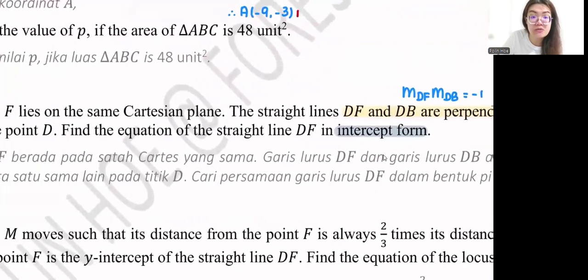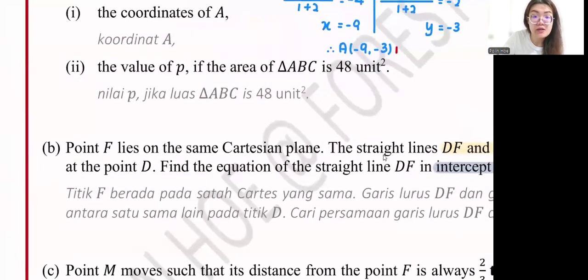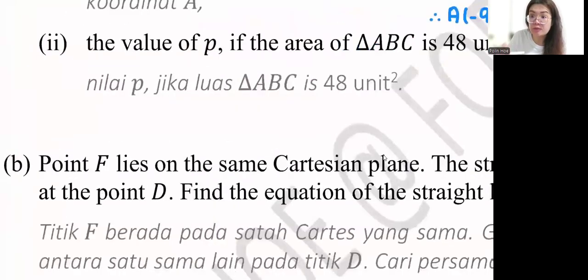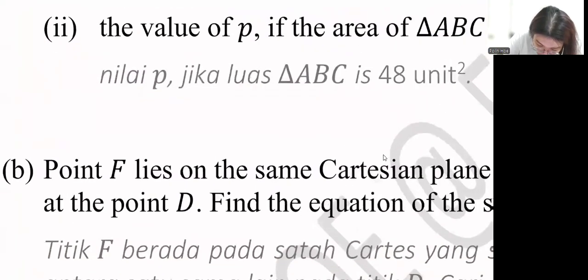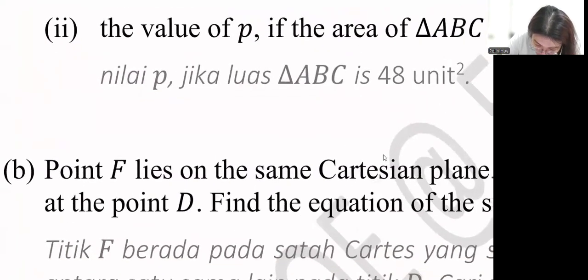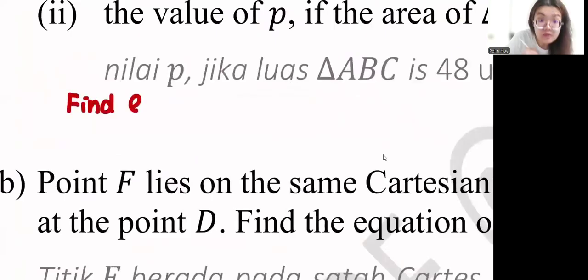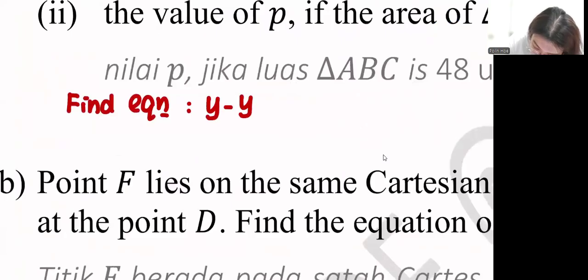Nothing wrong, nothing wrong. I just want to write something for you. Red color pen means important part 啊，红色是重要的哈。First thing that you need to remember, finding equation, please use y minus y1 equals to gradient x minus x1.